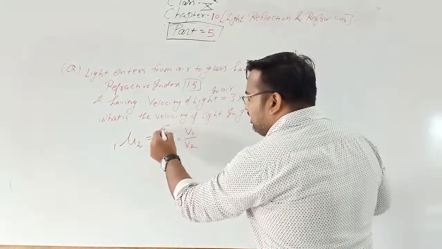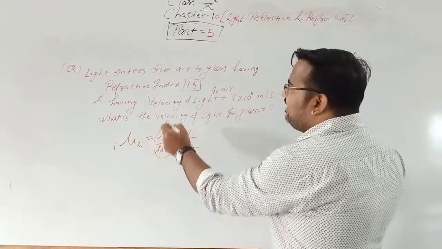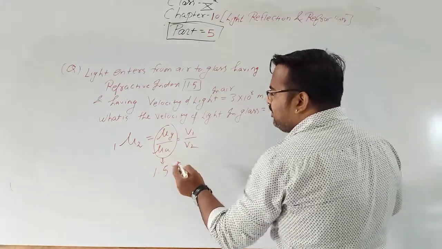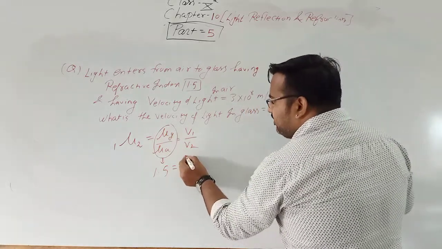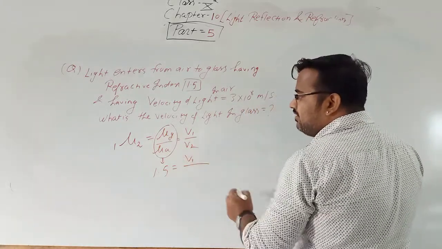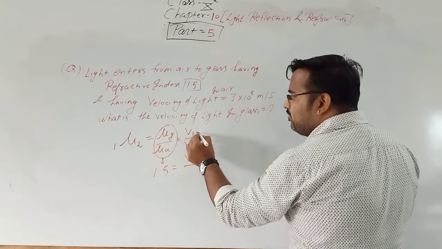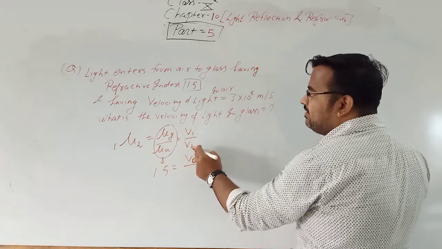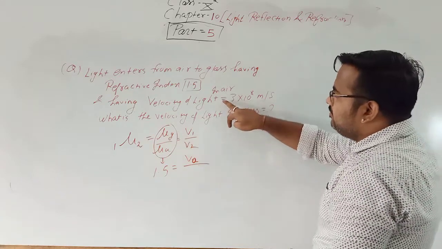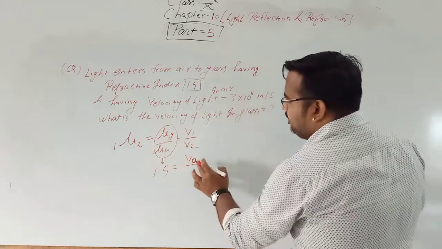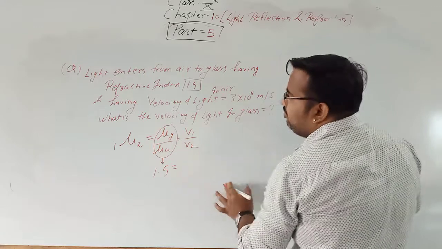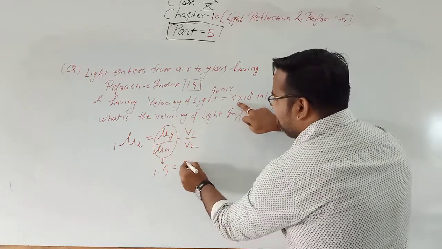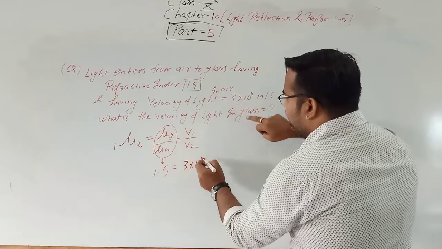Now see, the refractive index is given, 1.5, and the velocity of light in air is not given. The velocity of light in air is 3 into 10 raised to 8.